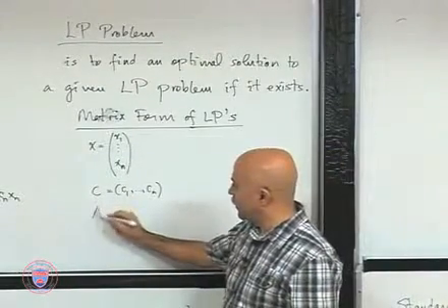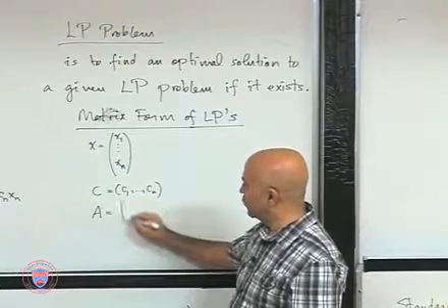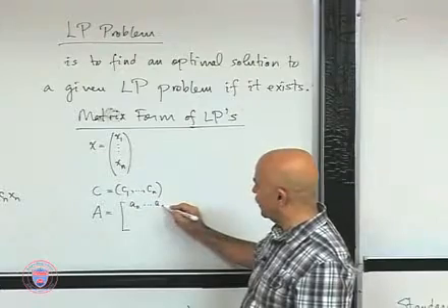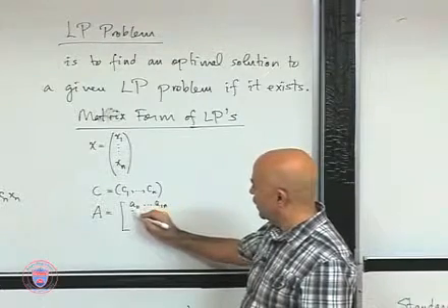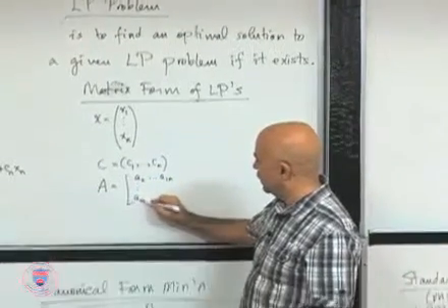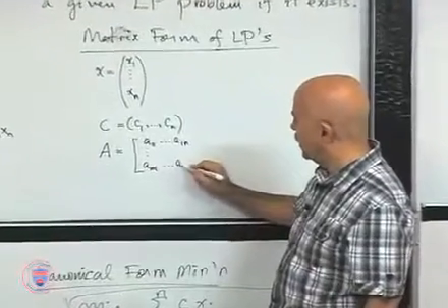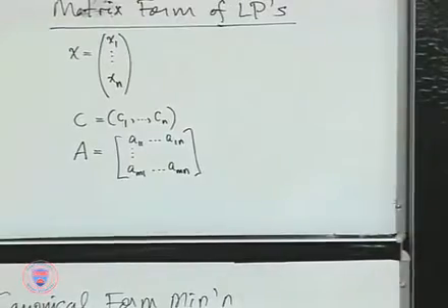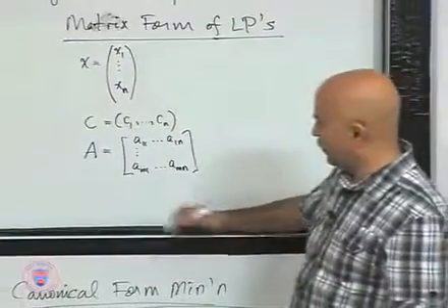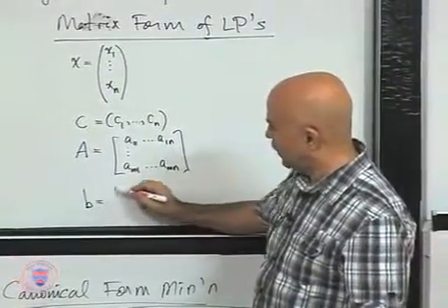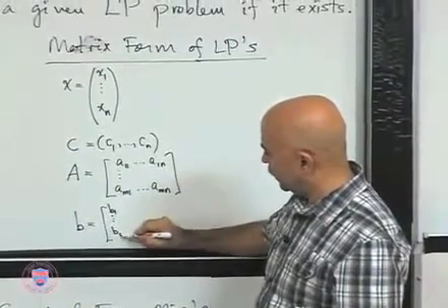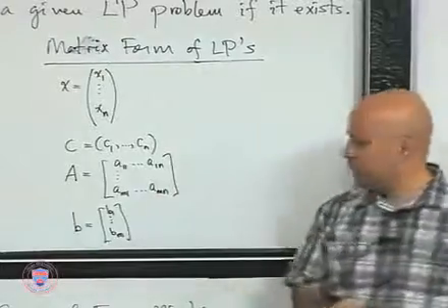Then we define an m by n matrix A having all these elements, aij's. And what else? We also have a vector b, which stands for the vector of right-hand side values, b1 through bm.